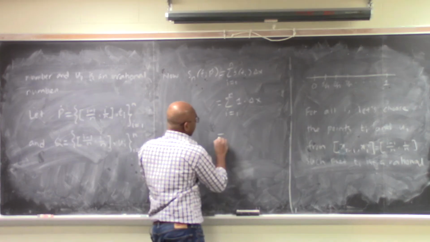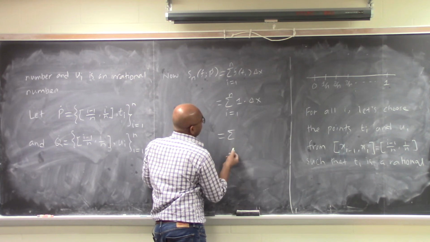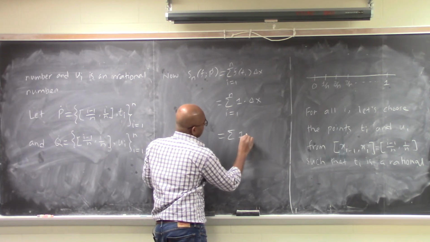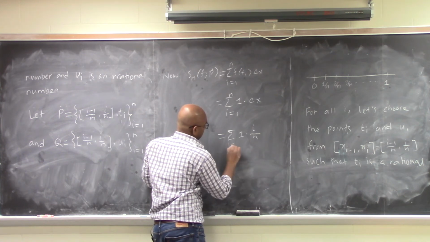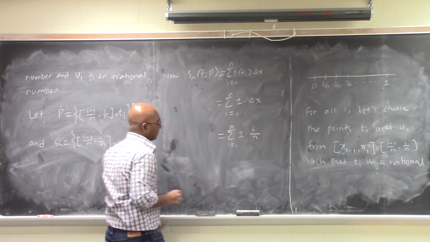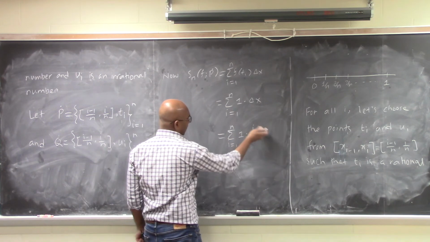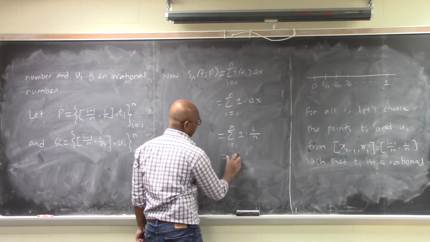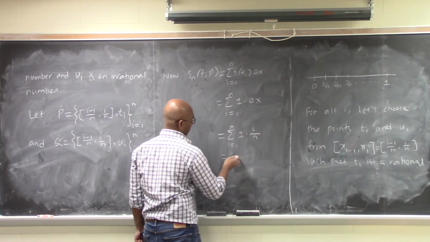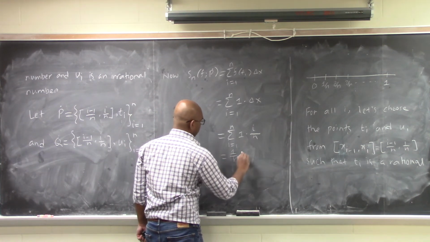But what is delta x? Delta x is just i over n, right? So this is 1 times i over n, is just i over n. Actually, we can factor out 1 over n from here.